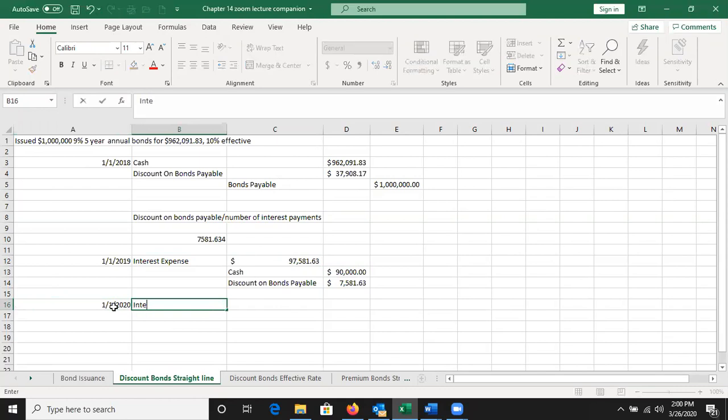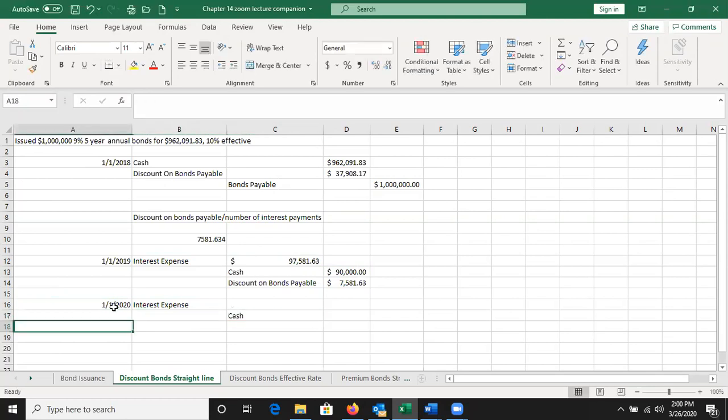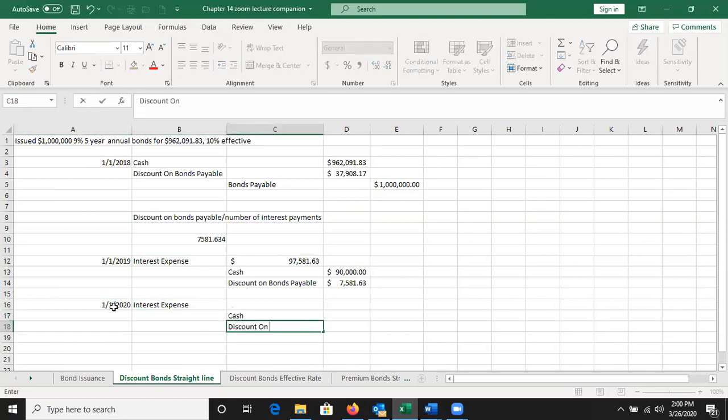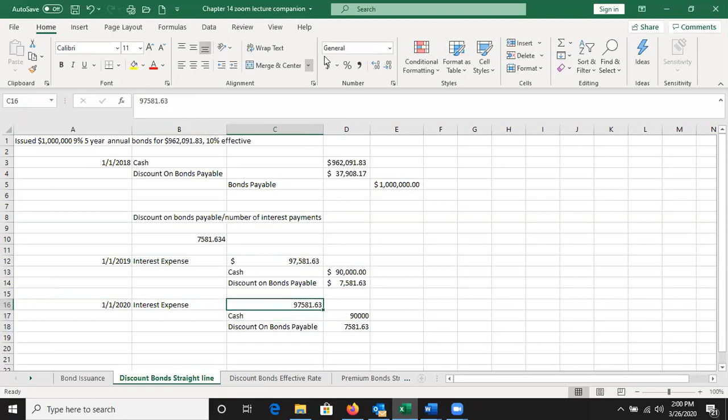We thought life was so good then. Interest expense is debited, cash is credited, discount on bonds payable is credited, and it's all for the same amount. So once you do it once under this method, it doesn't change, which is nice. And you would do this for all 5 years.